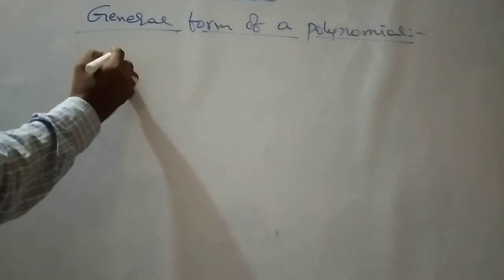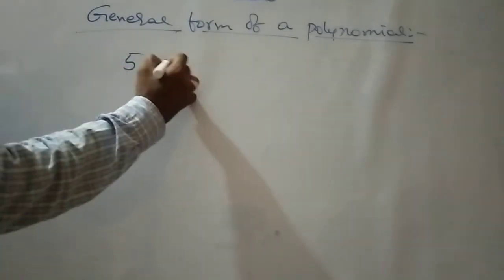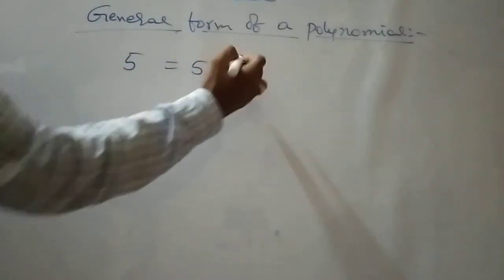Okay. Now we will discuss an important subtopic, the general form of a polynomial. Suppose I write only a number, suppose 5. Only 5. What is the degree of this polynomial? We can write 5 as 5 into x power 0. What is the degree here?